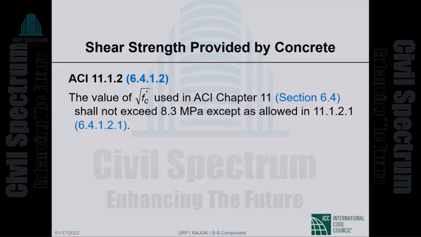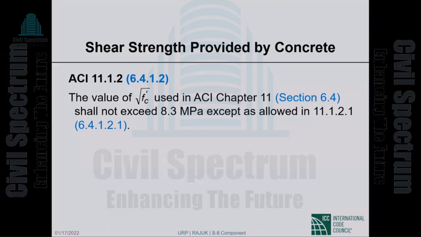Let us say shear strength is so many square root of f sub c prime. Square root of f sub c prime shall not exceed 8.3 megapascals, except as allowed in 11.121. So in American units, square root of f sub c prime cannot be taken any more than 100 psi.